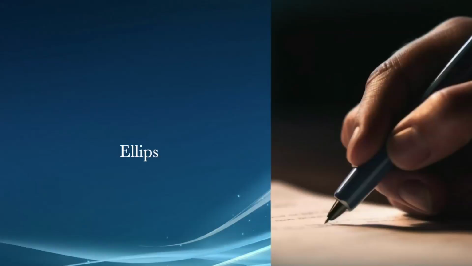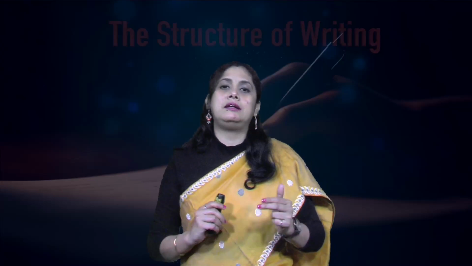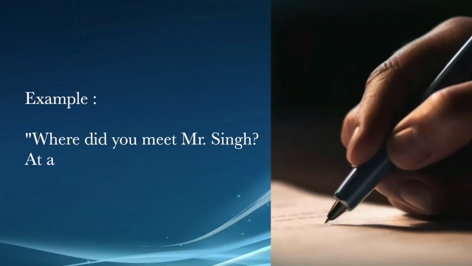Next one is ellipsis. In ellipsis, we omit repetitive information when the context makes it clear. Take the example: where did you meet Mr. Singh? At a conference in Kerala. So here we do not repeat "I met Mr. Singh at a conference in Kerala."